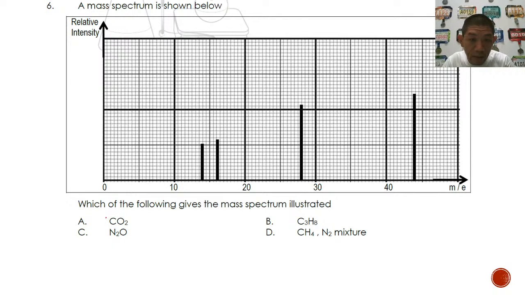If you look at the most stable form of each atom, for carbon the most stable is carbon 12. Oxygen, the most stable is oxygen 16. Hydrogen, of course, the most stable form is 1.